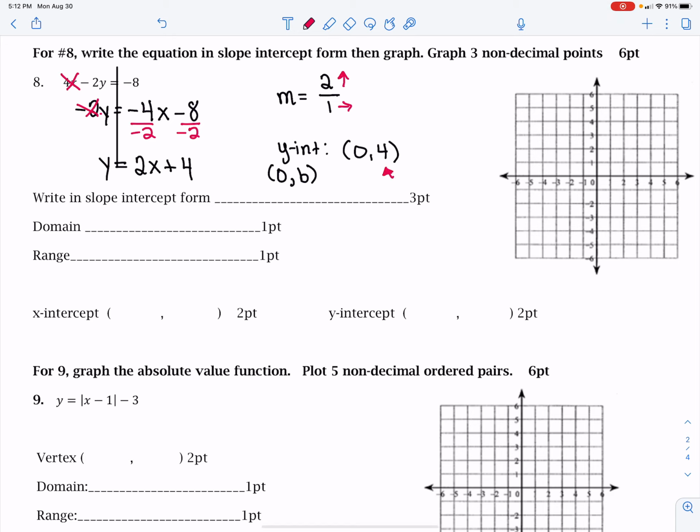All right, so on the graph, let's start at positive 4 and go up 2, right 1. And remember, if we cannot go up 2, right 1, then instead we can go down 2, left 1. Down 2, left 1. Okay.